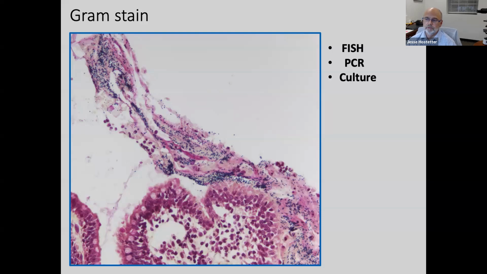I don't know if it was overgrowth from ulceration. I don't know if it was primary. A lot of them were gram positive. I just show that gram stains here did work to show it. Bacteria were here. I recommended that they do FISH or PCR to try and get a better idea of what was going on. I only bring it to show you that occasionally you'll see bacteria associated with these.